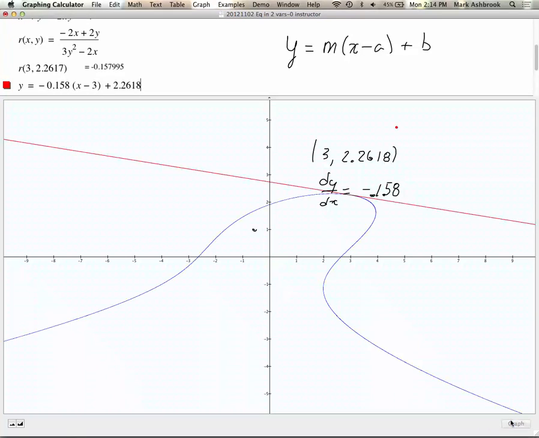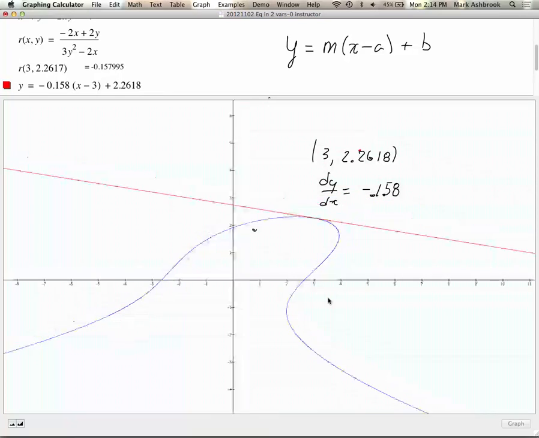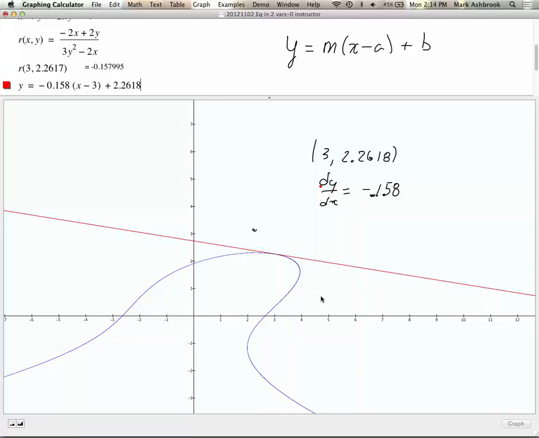I'm going to zoom back out again. It won't lock in here at 3, but you got the point. So that line is tangent to the curve when x equals 3, at that point.